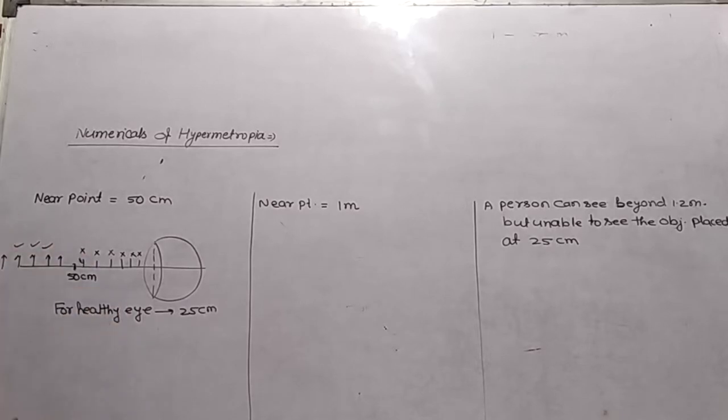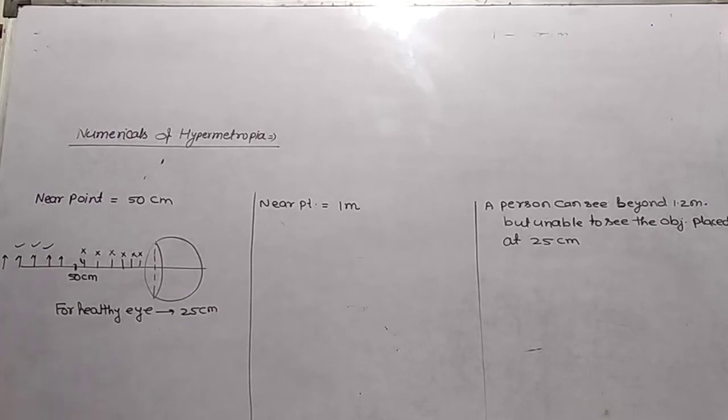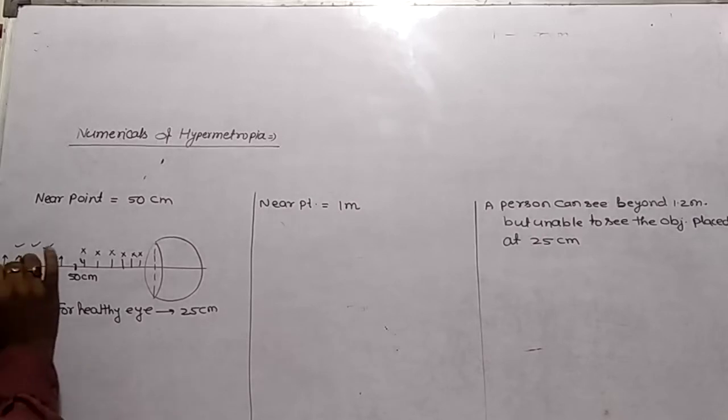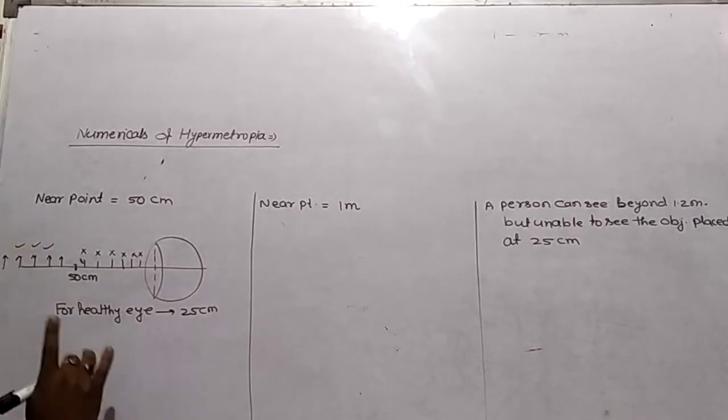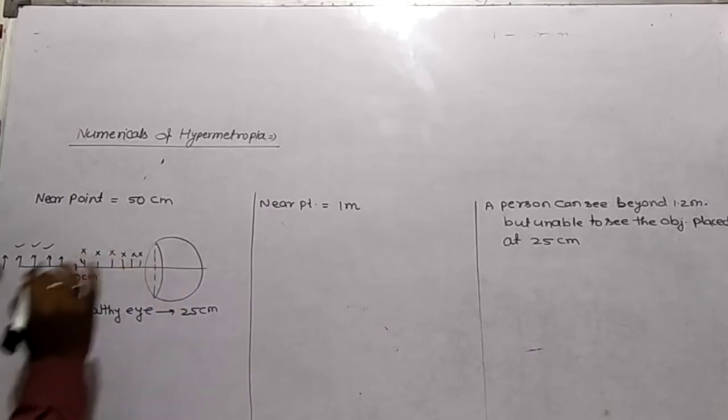The answer is, we require a lens for seeing the object within 50 centimeter, because beyond 50 centimeter we can see better, because 50 centimeter is the near point, the least distance. Within 50 centimeter, if the object is placed, the image is not clear. So we need a lens for seeing the object within 50 centimeter.